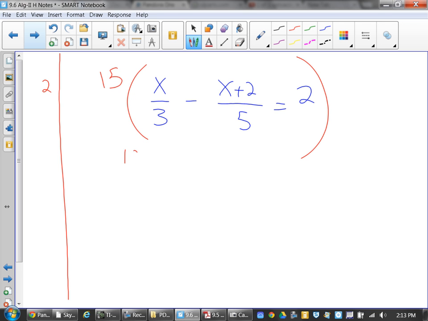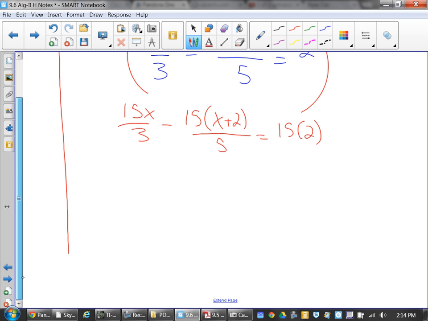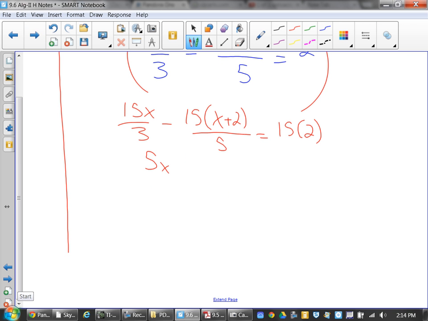I have 15x over 3 minus 15 times the quantity x plus 2 over 5 equals 15 times 2. Do I have 3 monomials again? Can I simplify all of them independently? Okay. 5x minus 3 times the quantity x plus 2 equals 30.